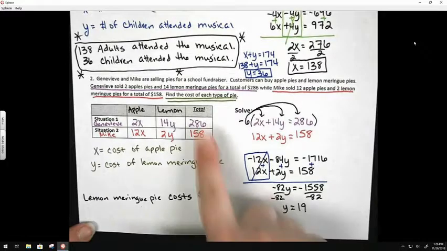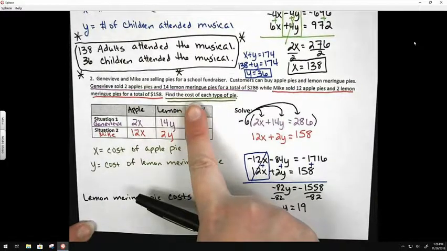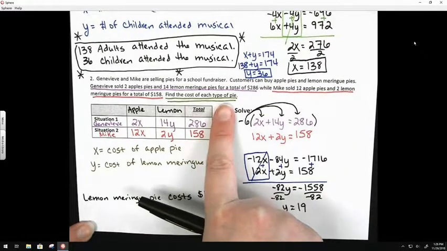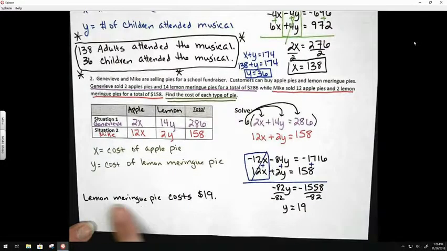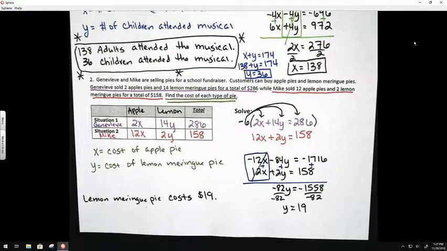But remember, the question asked us to find the cost of each type of pie, and we've only found the lemon meringue pie. So we still need to find the cost of the apple pie. The only way to do that is to go back to one of our equations and substitute in what we know. So I'm going to go to Mike's equation.